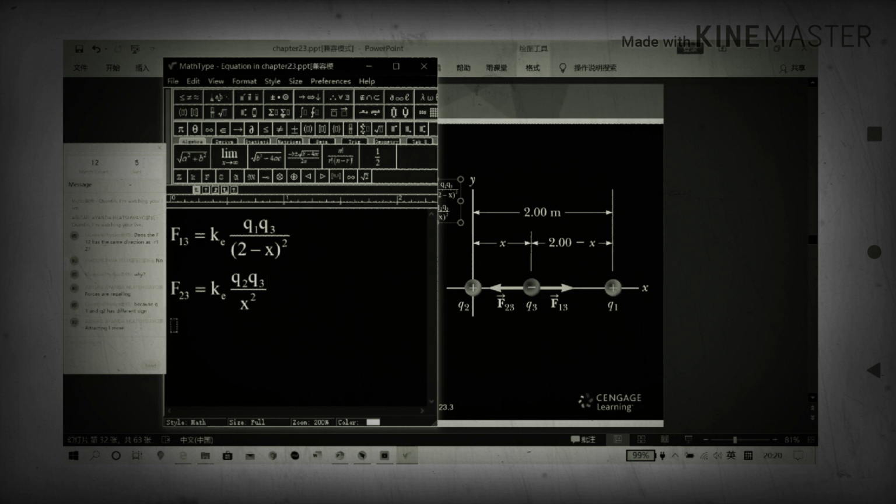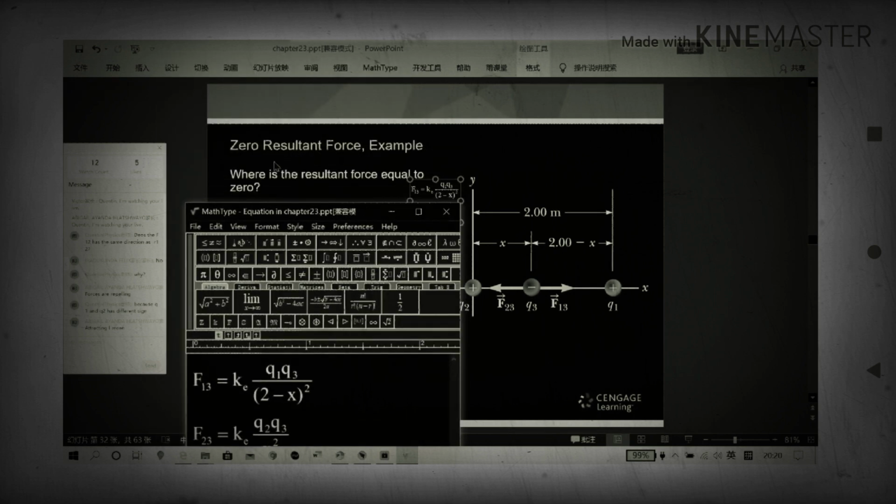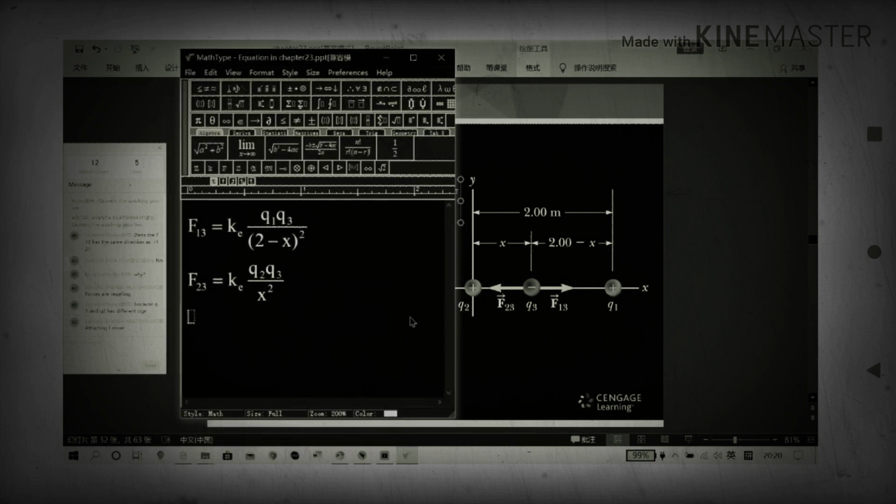So in order for this charge to have a zero resultant force, what we should do is set F13 equal to F23. And then we can solve for x.